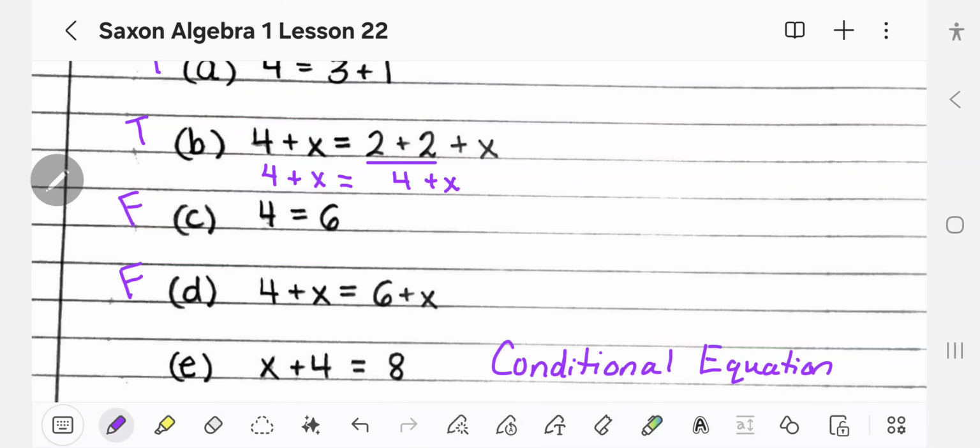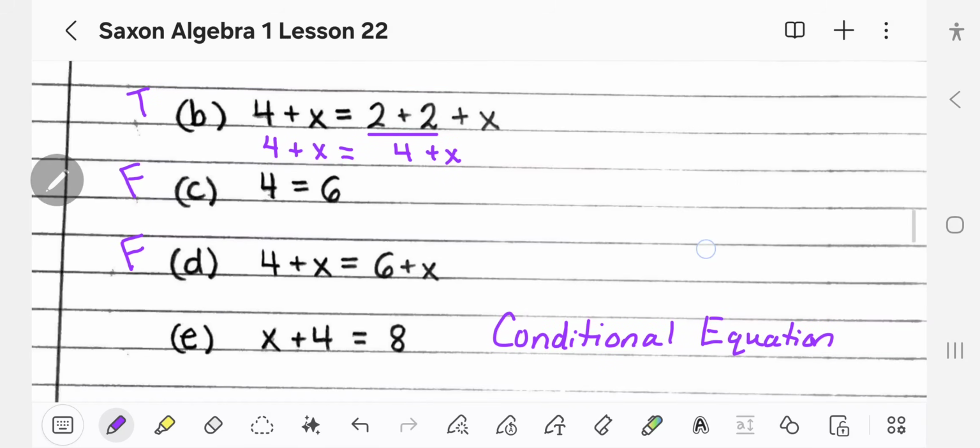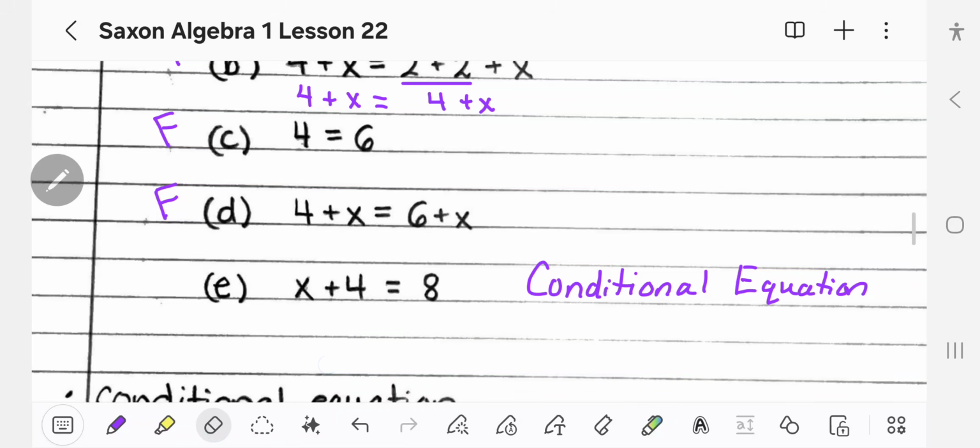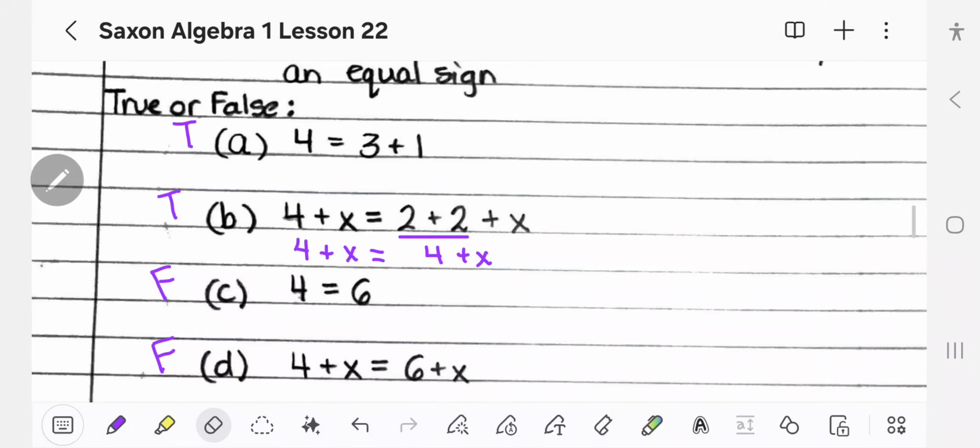If they tell us some value that makes this false, or maybe they tell us a value that makes it true. So a conditional equation is going to be a situation like this. We don't know the variable, and there are different options. Maybe there's a value that would make it true, and then there are a lot of values that would not make it true. Now notice that's different from up here.